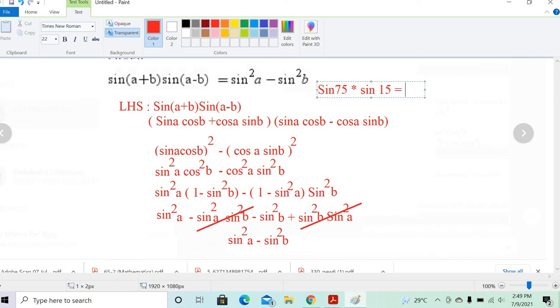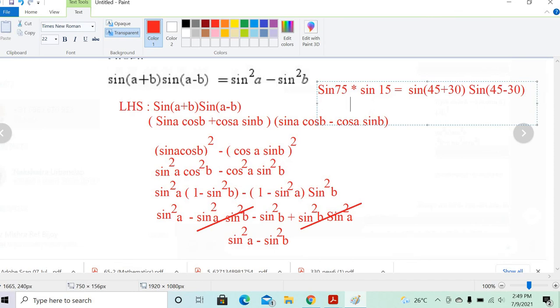We can directly put this as sin(45+30) into sin(45-30), correct?